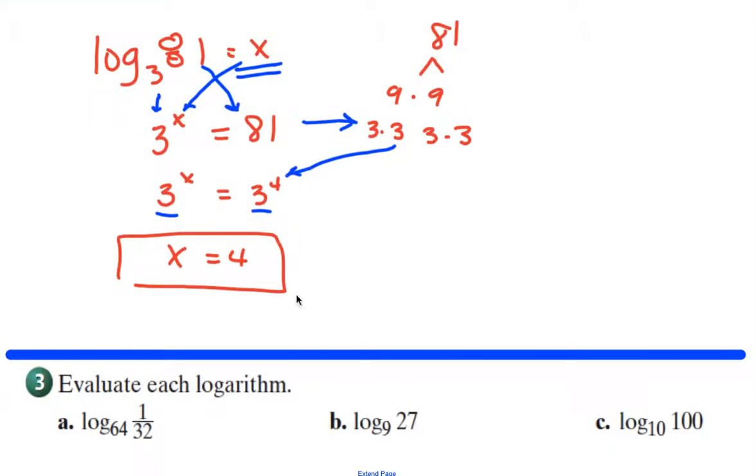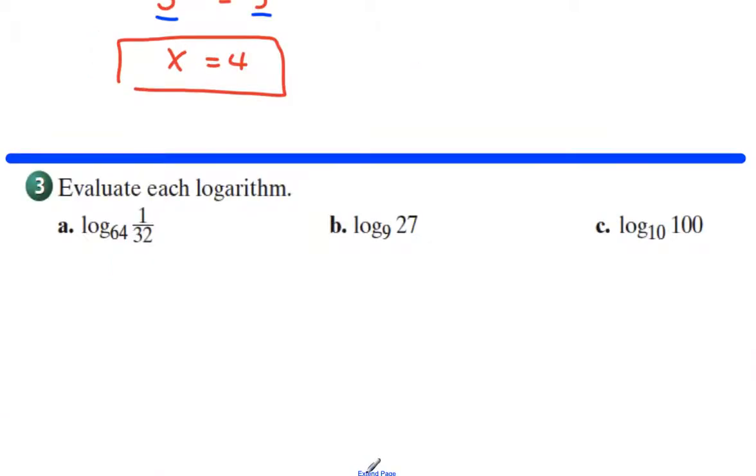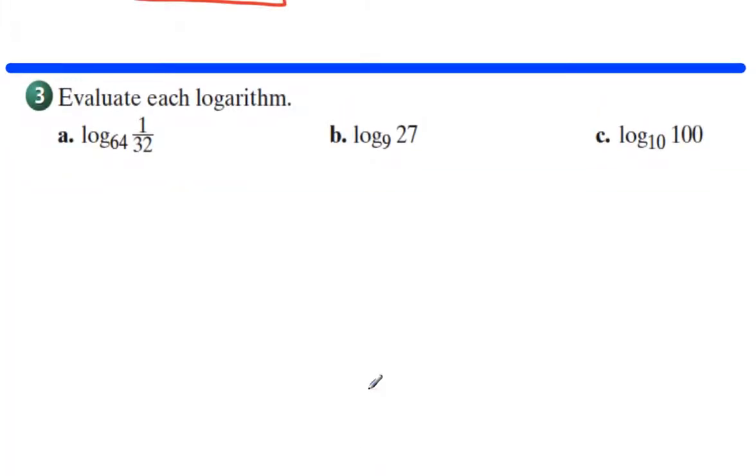All right, let's do another one. Let's do A. A's not so friendly looking, is it? So we would have this is equal to x. So we have 64 to the x power is equal to 1 over 32. Well, these aren't prime, and they're not perfect squares, so let's look at this in terms of base 2.